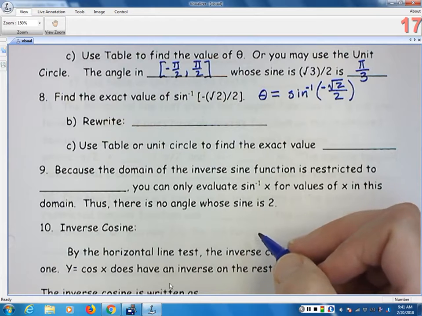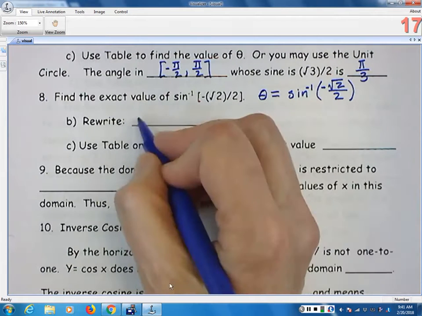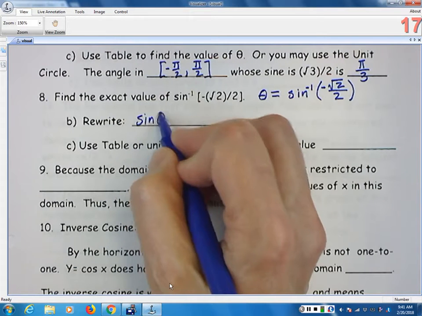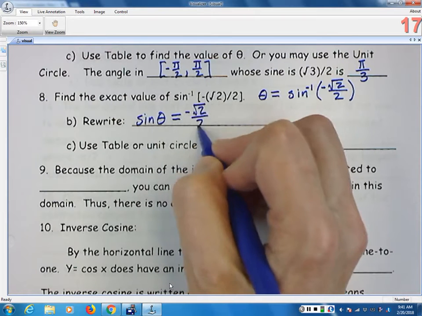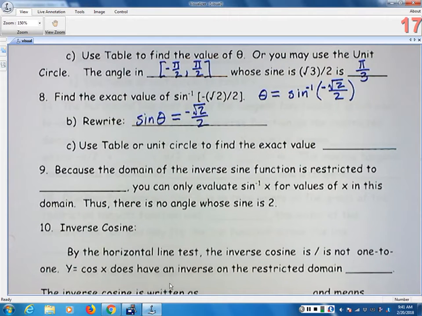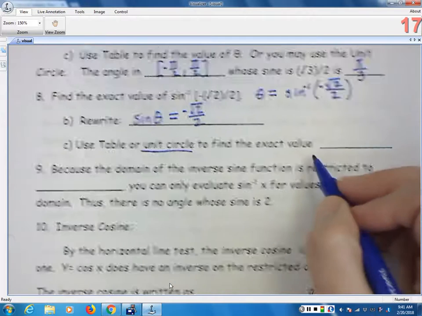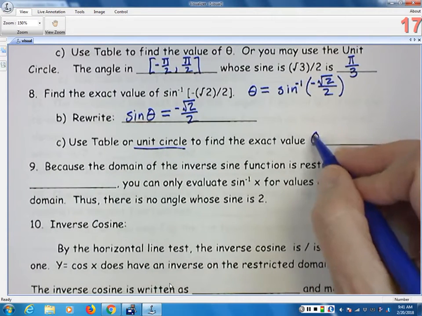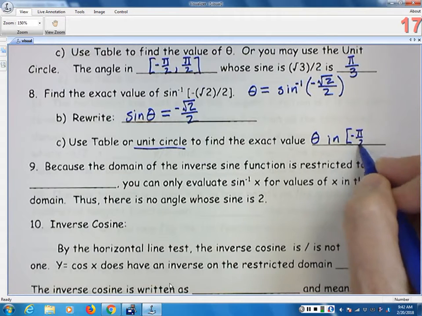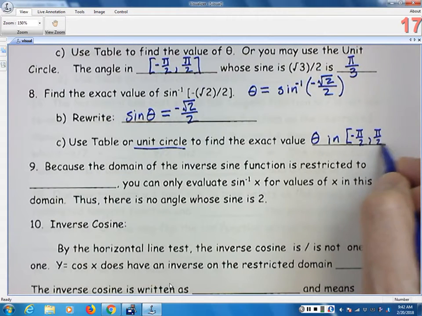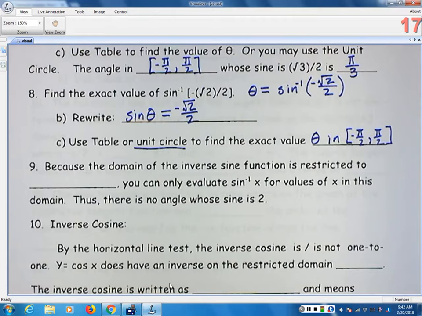And then you rewrite it: that means sine theta has to equal negative square root of 2 over 2. And then look in the unit circle to find the exact value of theta in minus pi over 2 to pi over 2. So we're going to look at our unit circle.